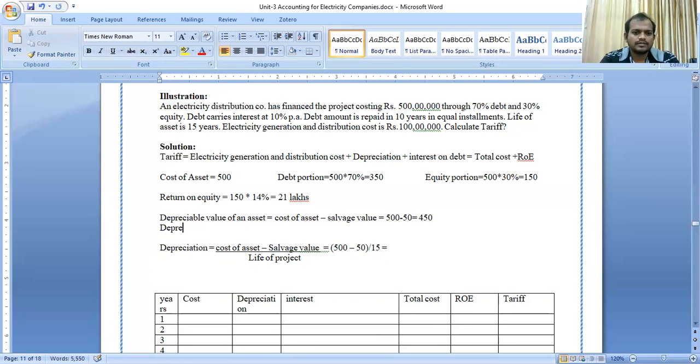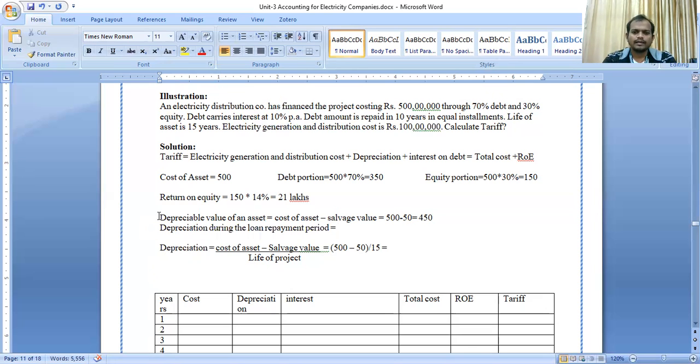So depreciation for the loan period, depreciation during the loan repayment period.